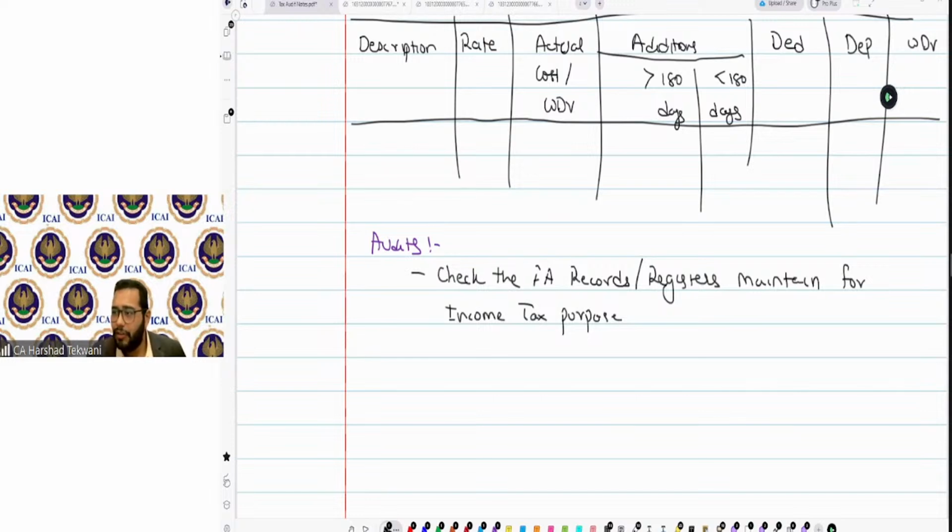Okay. So if there are separate records or registers maintained for income tax purpose, then that particular detail is required to be verified.